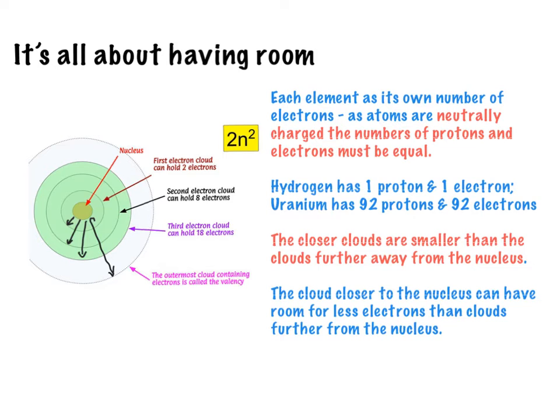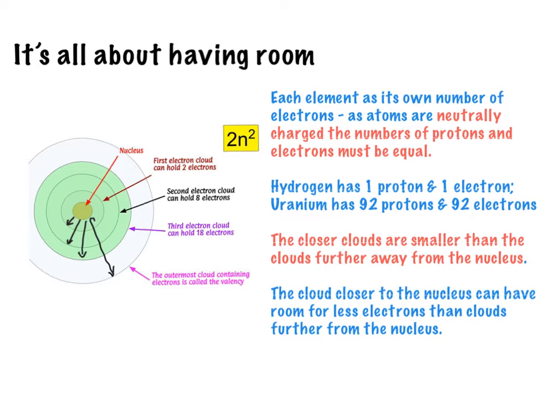So if I've got a ball of this radius, the first little arrow radius here, it is going to be a smaller ball than one with a bigger radius, and it's going to be smaller than the one with bigger still, and smaller than the one with bigger still. So as our clouds form different distances away from the nucleus, it means that they start off being small and then get bigger and bigger and bigger.